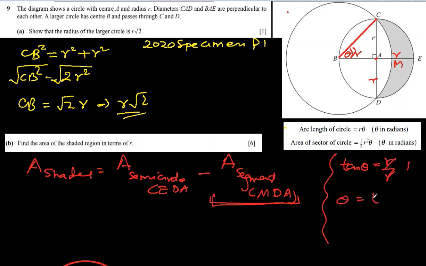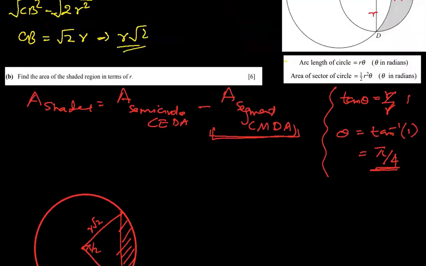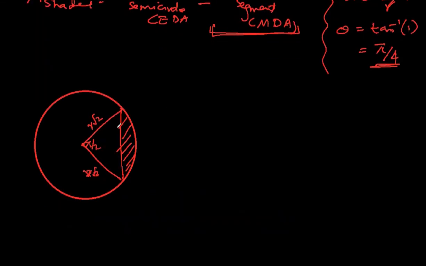Theta equal to tan inverse 1, which is pi by 4. So we know the angle now. Alright, so this will be pi by 2. Why? Because pi by 4 is the half the angle. We want this whole one. So pi by 4 multiplied by 2 will be pi by 2, and that's the angle I'm going to use.